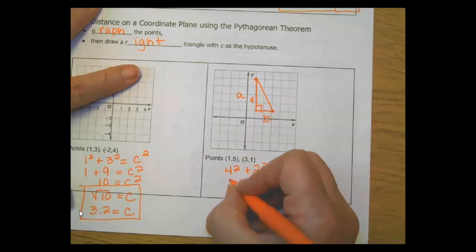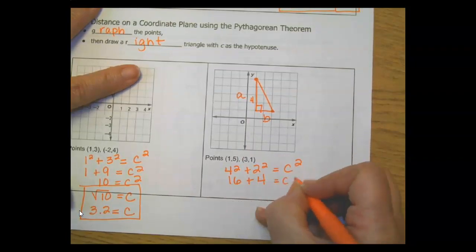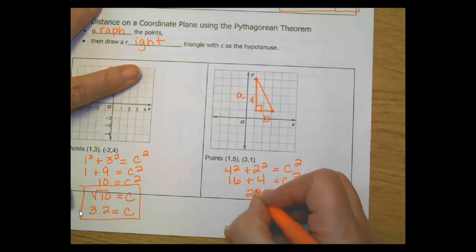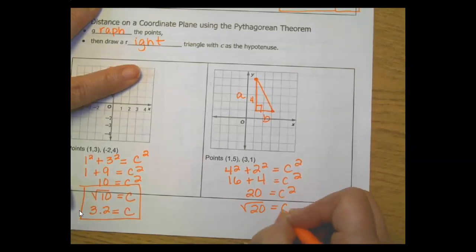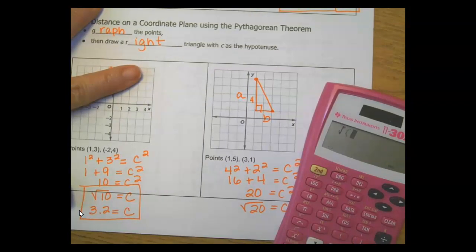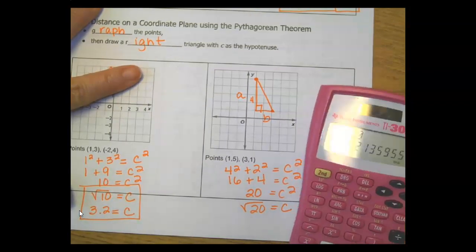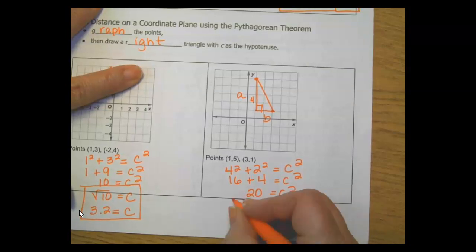So 4 squared is 16. 2 squared is 4. So 20 equals C squared. Square root of 20 equals C. And what is the square root of 20? It's 4 point something. 4.5 if we round it.